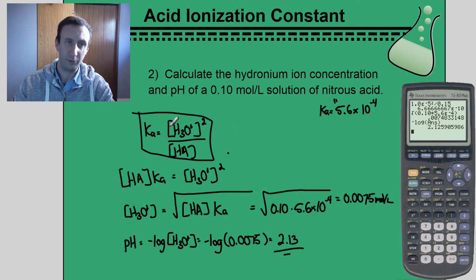This is the better way to go by far in terms of simplicity, by making the assumptions, like I said, that hydronium concentration is the same as the conjugate base concentration, and that whatever concentration I have of the acid, the initial and the equilibrium are essentially the same, because so little of a weak acid actually ends up ionizing or reacting with water to make hydronium.